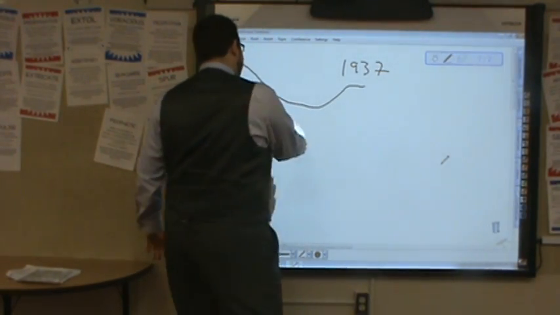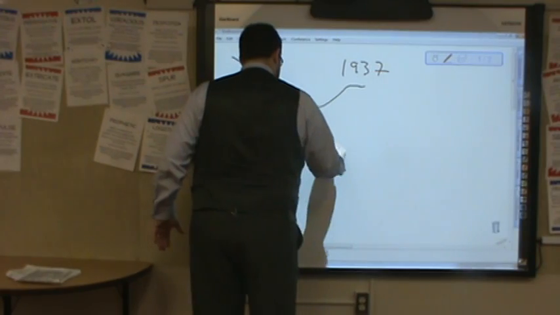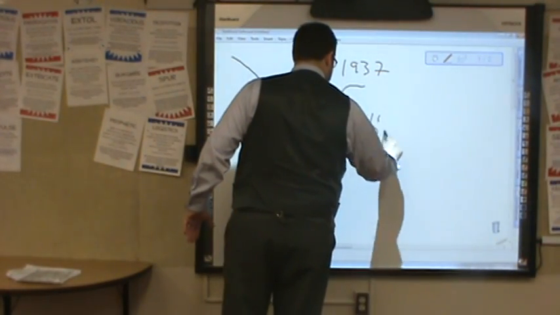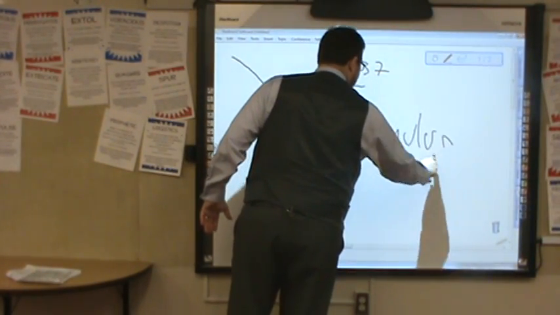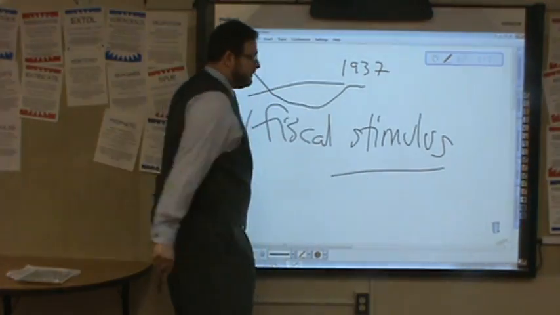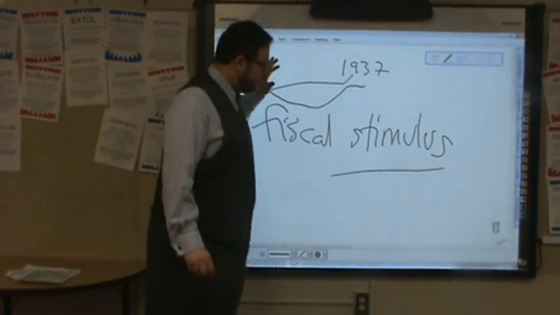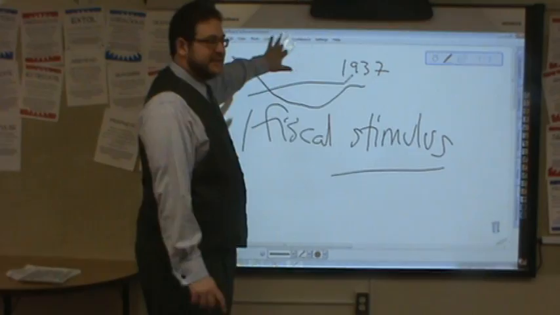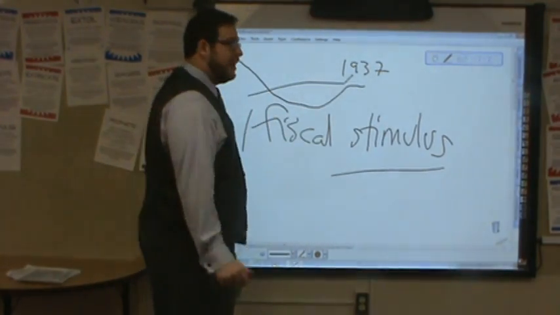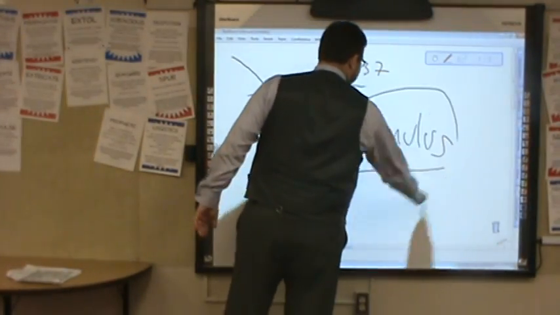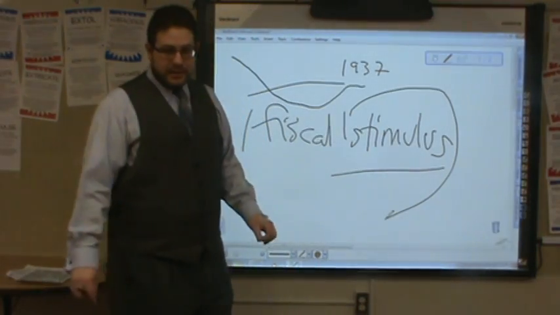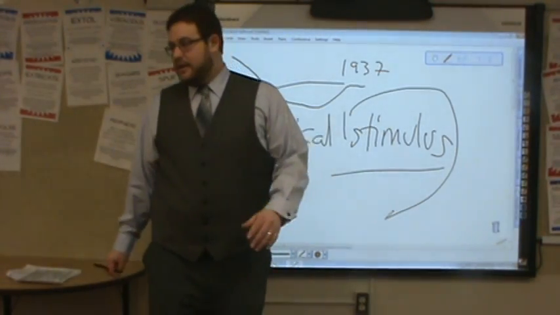It will come through fiscal stimulus. All right? That if we decide to spend lots of money, that's fiscal policy, spend lots of money, give it to people so they can stimulate the economy, that will help the country.